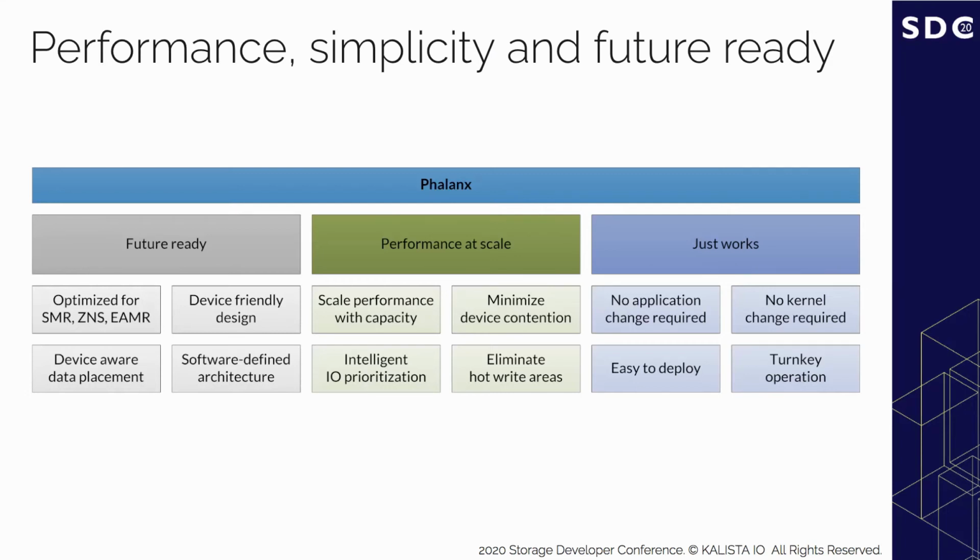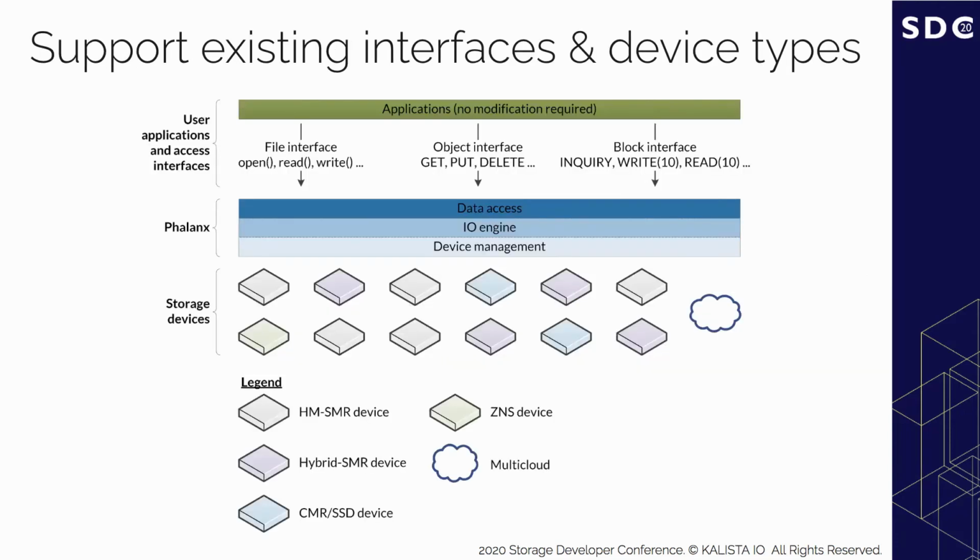Our design goals for Phalanx are simple. We want to create a storage system that, one, supports next-generation device technologies such as multi-actuator and zone devices; two, performs at scale; and three, is simple to use and just works. The first thing we set out to improve is to make sure applications can use host-managed SMR storage without modification.